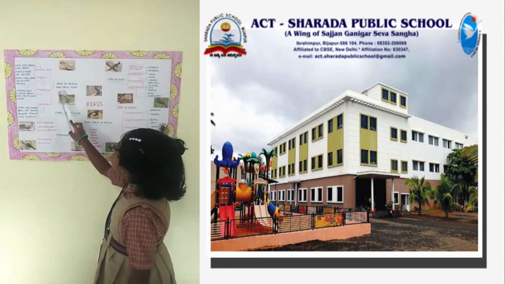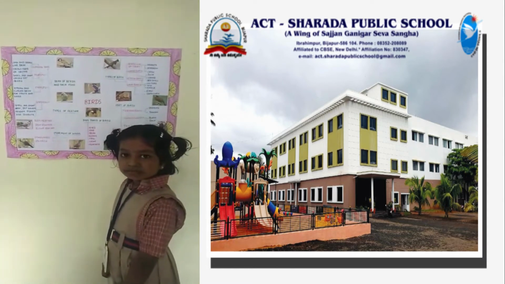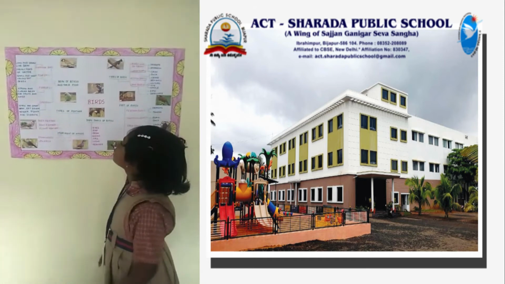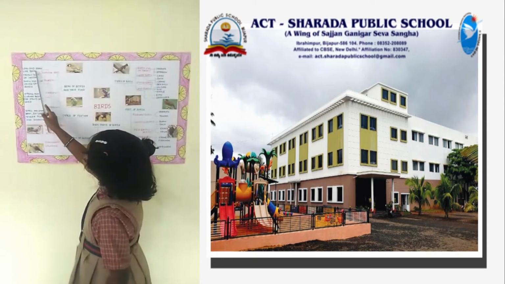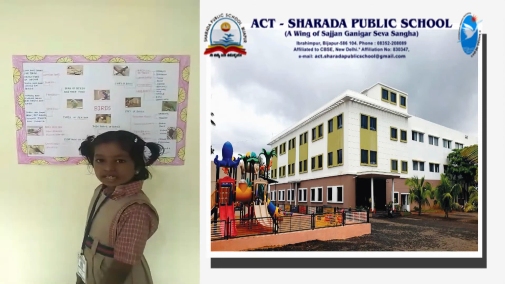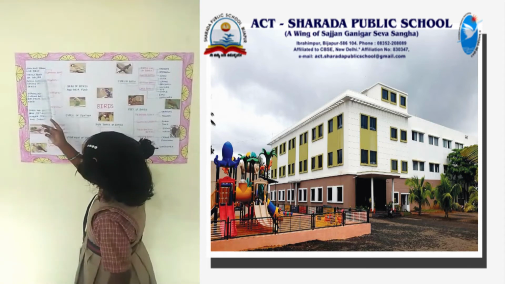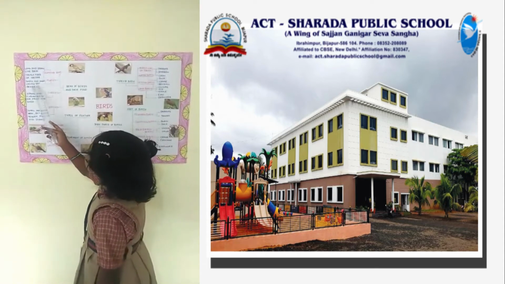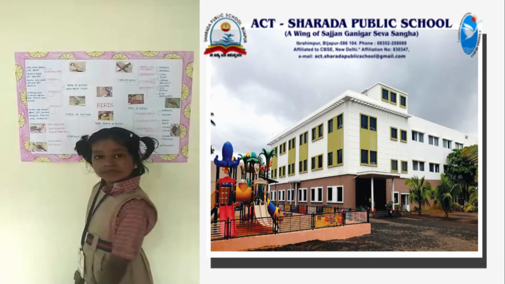Beak of birds and their food. Birds eat with the help of their beak. Hummingbird: it has a long and straw-like beak. It collects nectar from flowers. Pigeon: it has a small and short beak.